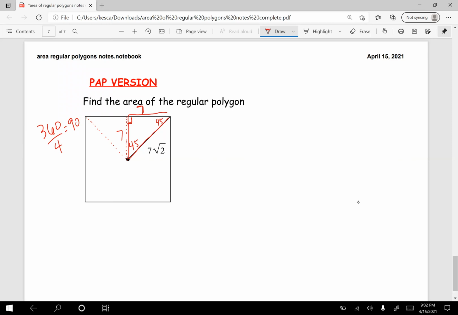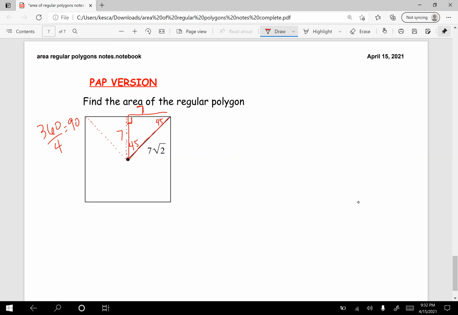Now, could you use trig as well? Yeah, we have the hypotenuse, right? So you could do sine and you can do cosine, and that would find these other sides for you. Just several tools to use. So now we know the apothem, and then we know half of the side.